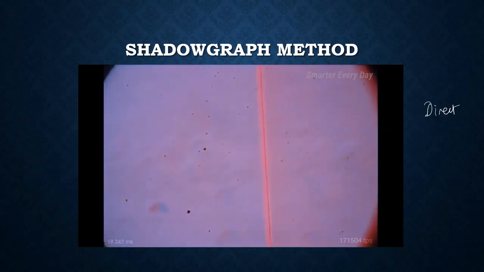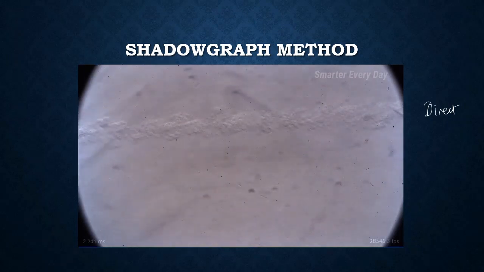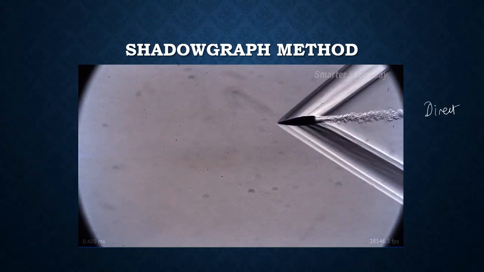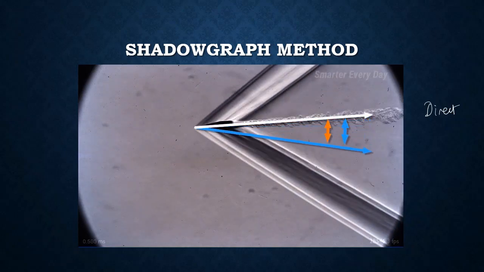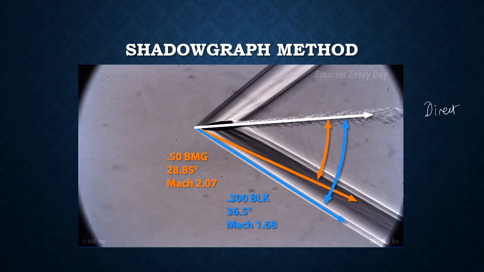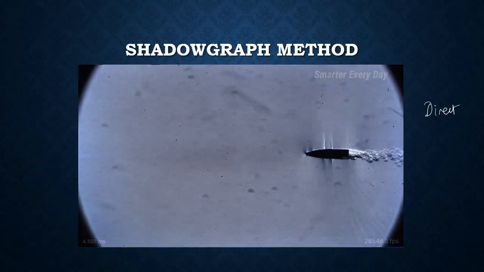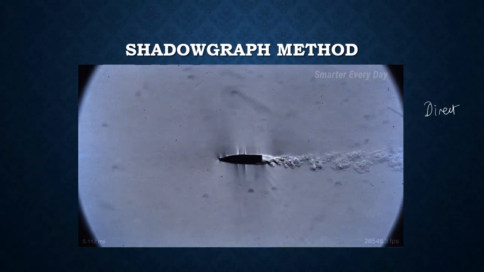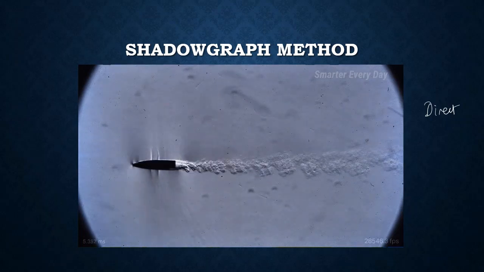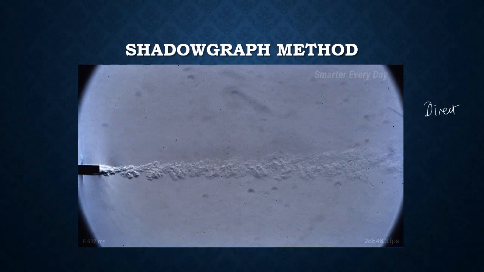All the Mach waves are moving behind the bullet. With respect to sound interference, we are seeing all the Mach waves going behind. The Mach angle is about 36.5 degrees, shock angle, with Mach number 1.6 around its range, and this is the subsonic flow where there is no formation of shock wave, since this bullet speed is less than 1.